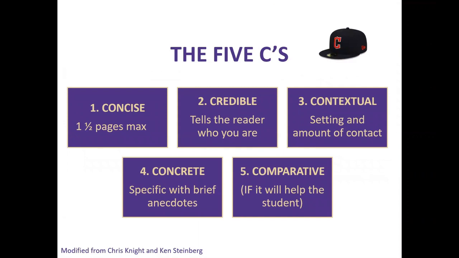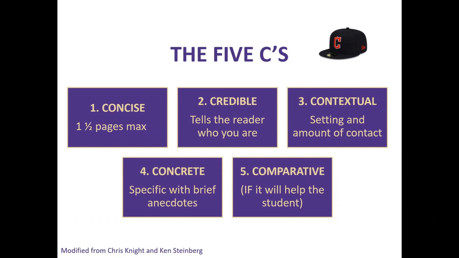So I like this rubric. It's not mine. It's Chris Knight and Ken Steinberg's, if you know them. And I added in a C because Sam is now in Cleveland, and that's the new baseball team there. But the 5 C's are concise, credible, telling the reader who you are, contextual, the setting and the amount of contact. And some people like to add the amount of autonomy that students have in your institution.